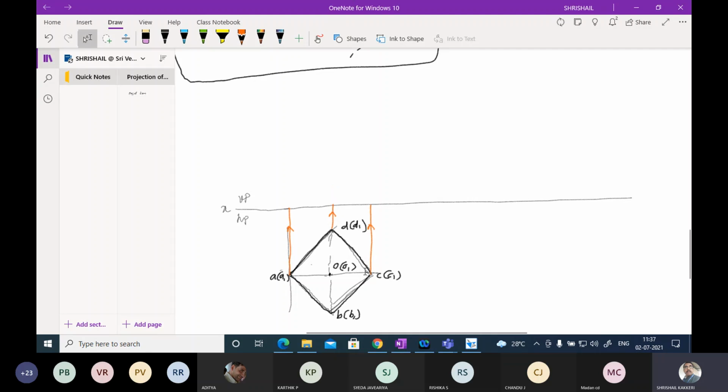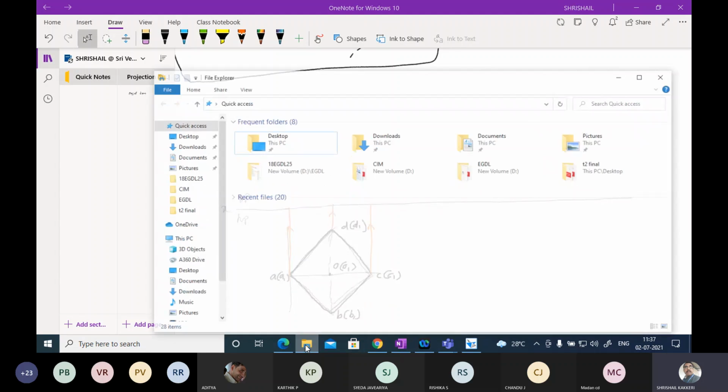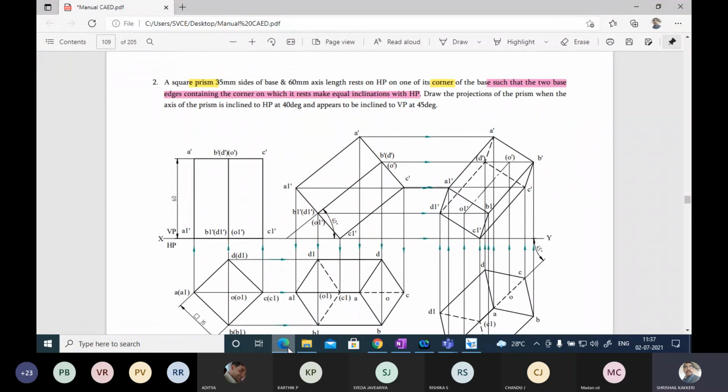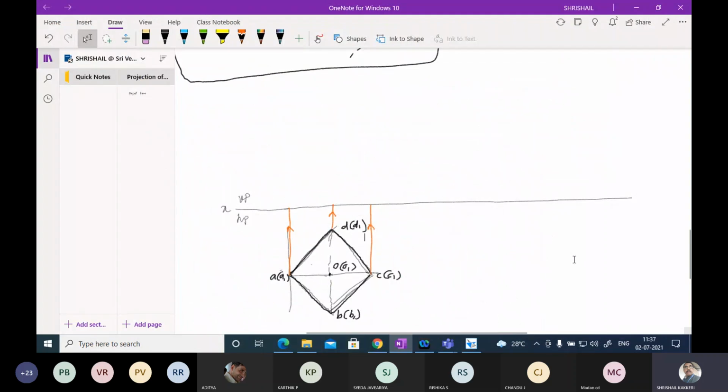What is the height of the axis? 35 mm sides, and axis is 60 mm. Now I am going to draw a line. All these I told you, the thin line first you write. I am going to write a thin line, a height of 65 mm.